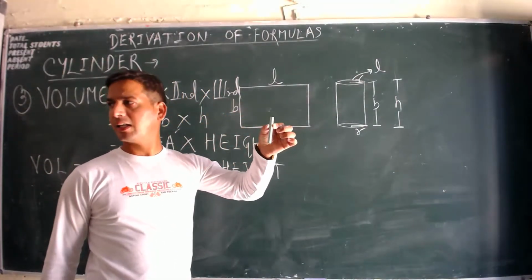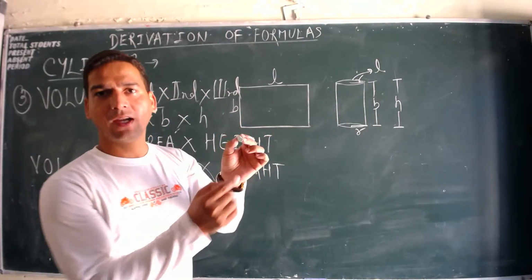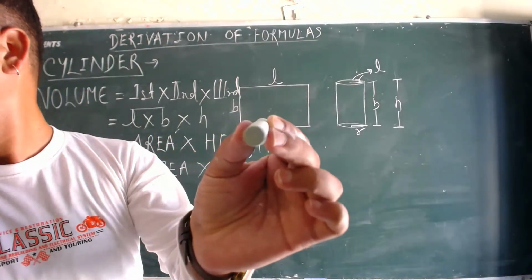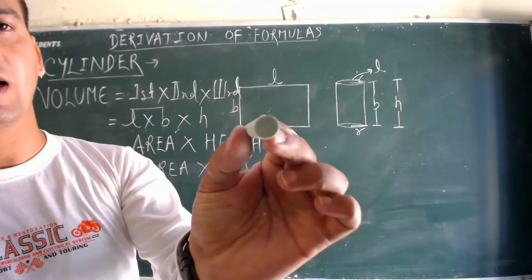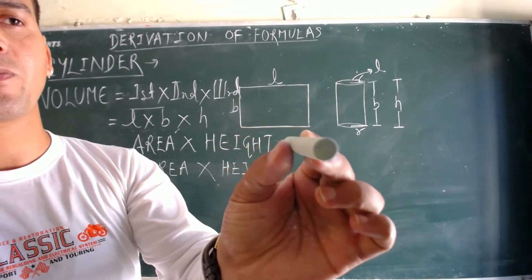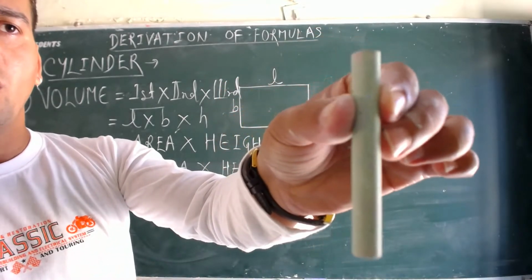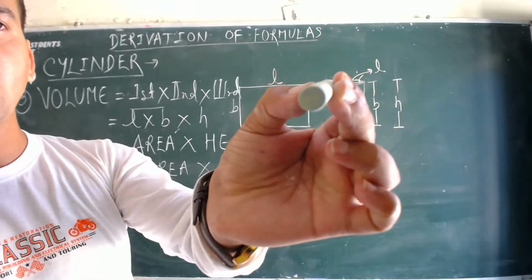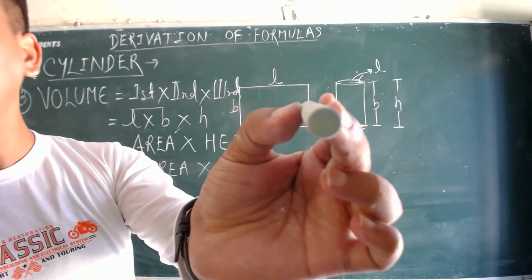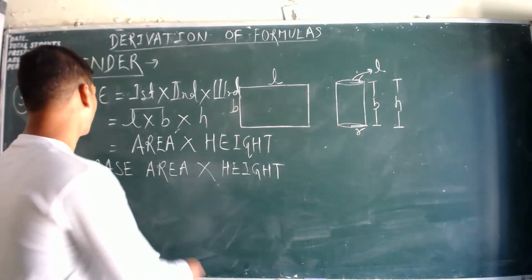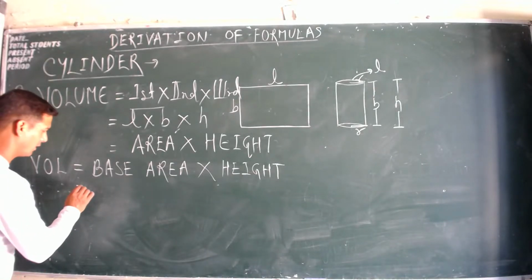The chalk is cylindrical in shape. Now you can see the base. You can see the base of a chalk is a circle. Its base, bottom area, you can see is a circle. So base area is a circular area. Clear?